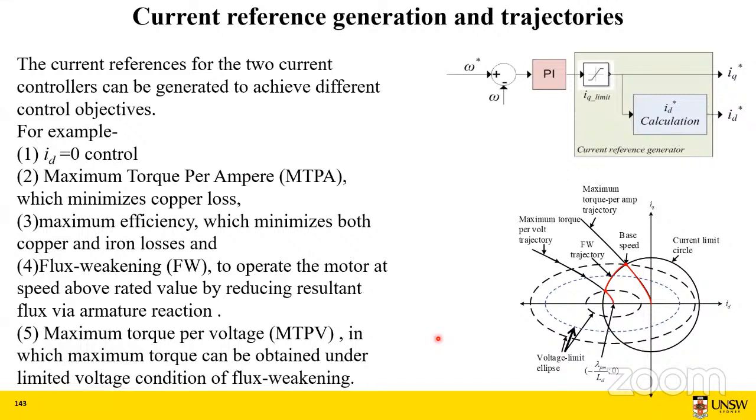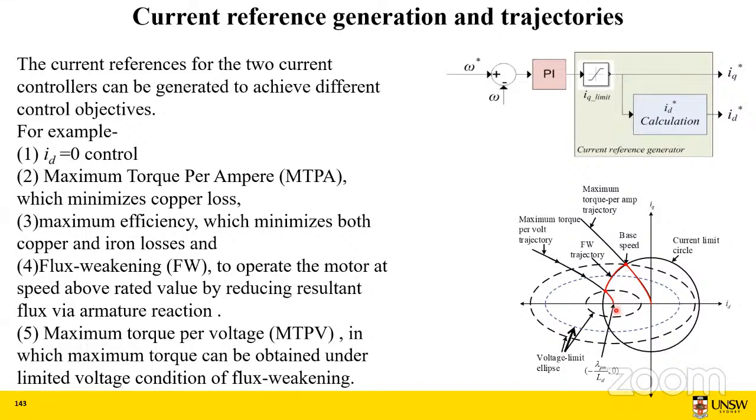Then for some PMSM machines, the center of the ellipse, this point, could be either outside of the current limit circle or inside. If it is inside, that means we can even get a maximum torque under limited voltage conditions, because under flux weakening you have limited voltage but you may want to get the maximum torque.